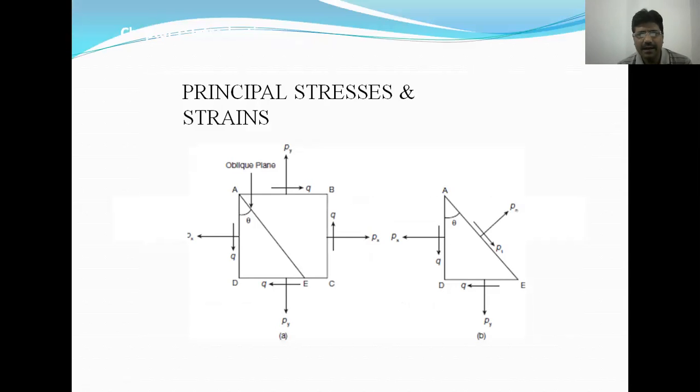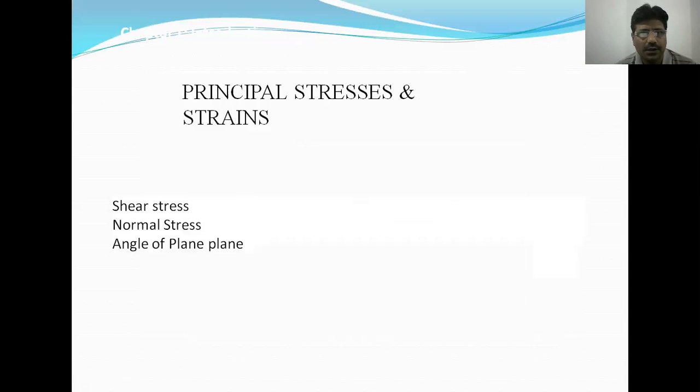Now, this is the same diagram that we earlier considered in the second part. There are shear stresses, normal stresses, and the angle of the plane. There are many methods of finding these shear stresses, normal stresses, principal stresses, and the obliquity on which these stresses act.